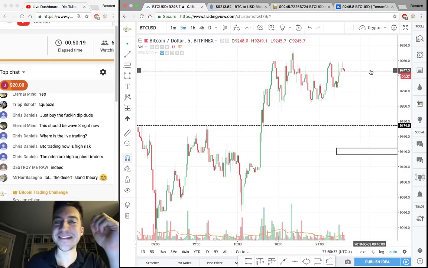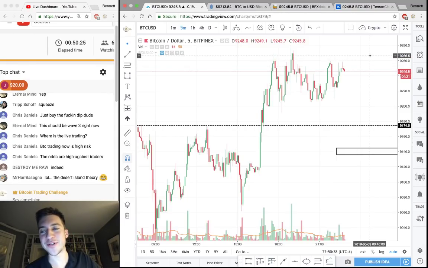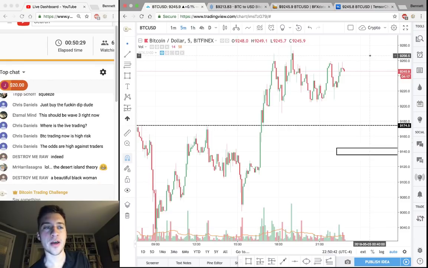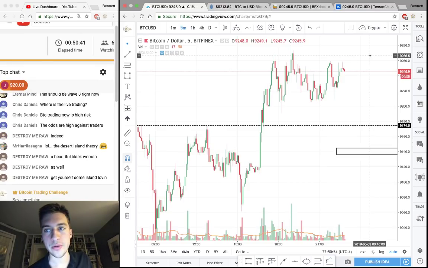The desert island, have to trade Bitcoin for some purpose, and to get off the island, I have to triple my account. On my 3 technical indicators, MFI gives me volume and momentum. Then ATR gives me volatility, so I can know a lot of things about volatility. And the third would be DMI, which would show me trend strength.